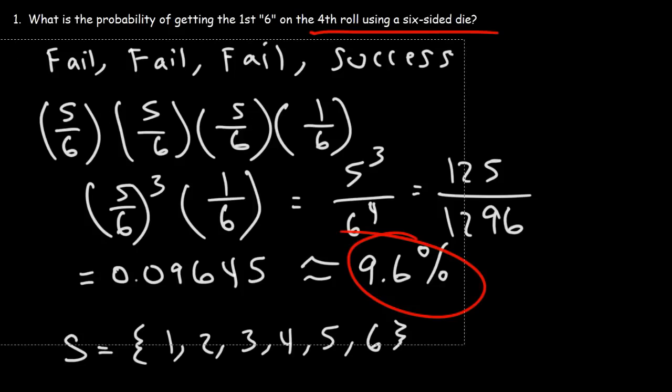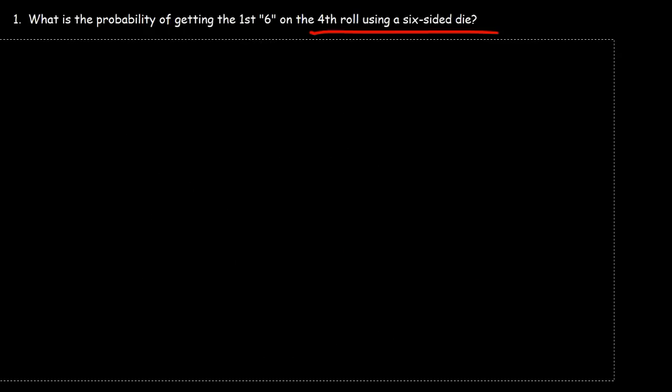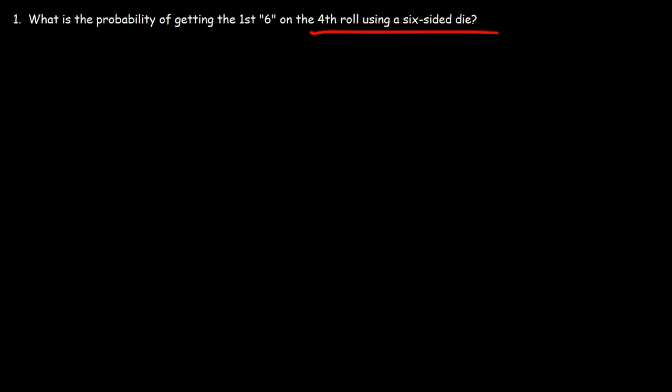Now, for those of you who like to use a formula to get the answer, here it is. Let's just say the probability of a geometric distribution: big X is the random variable, little x is the trial that you want to get the successful event.